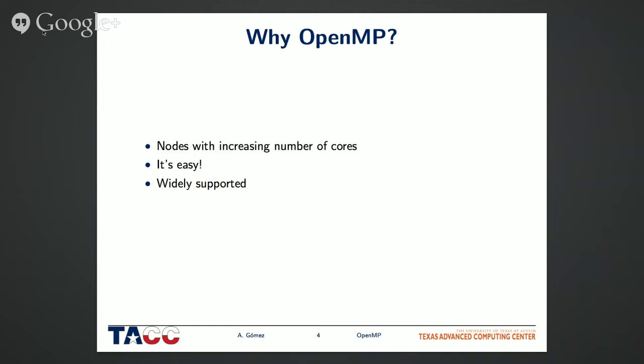Compared to all the other technologies that we have for parallel programming, OpenMP is almost trivial to use. And third point is OpenMP is widely supported. All the main compilers out there in the market support OpenMP up to a certain level. So it's very portable. You can write your code and compile it everywhere.